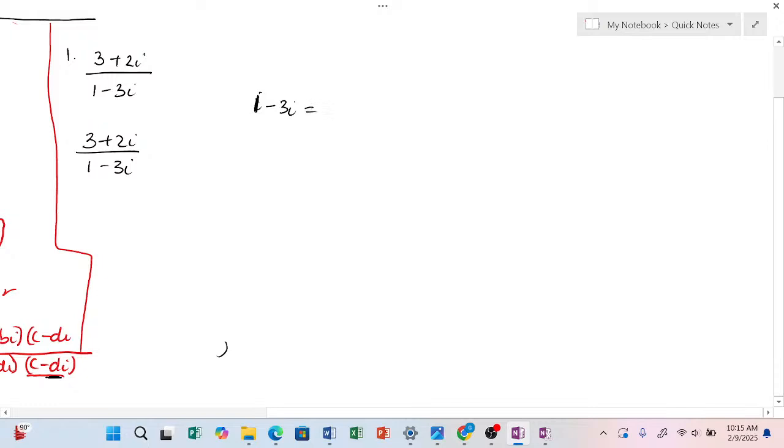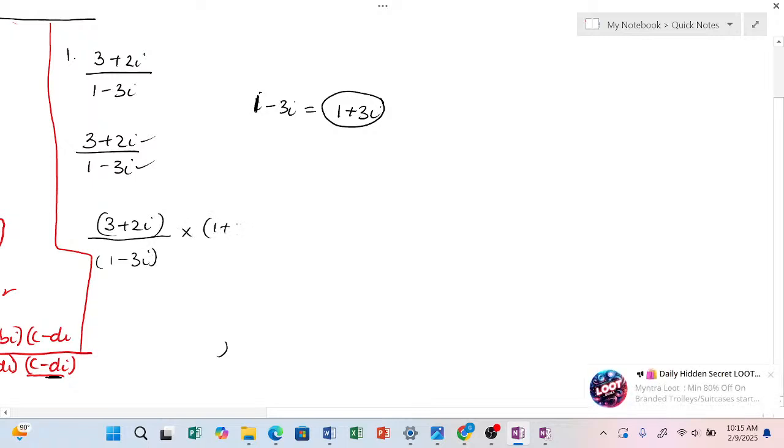The conjugate of it is what? 1 plus 3i. So we take the conjugate and use it to multiply the numerator and the denominator. So we have (3 plus 2i) all over (1 minus 3i), multiplying (1 plus 3i) all over (1 plus 3i).